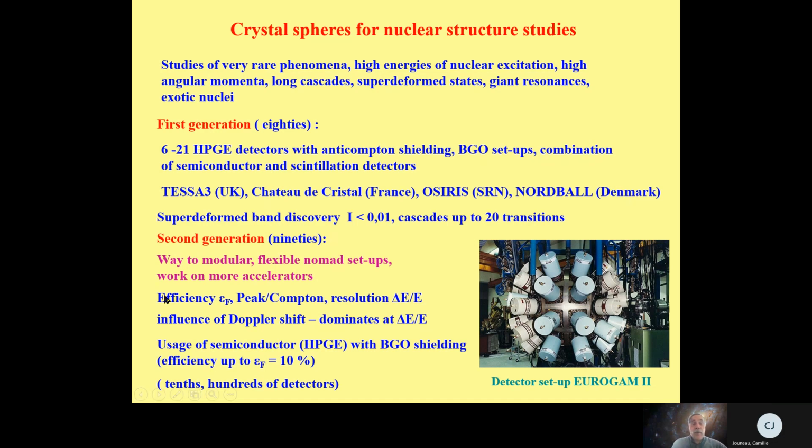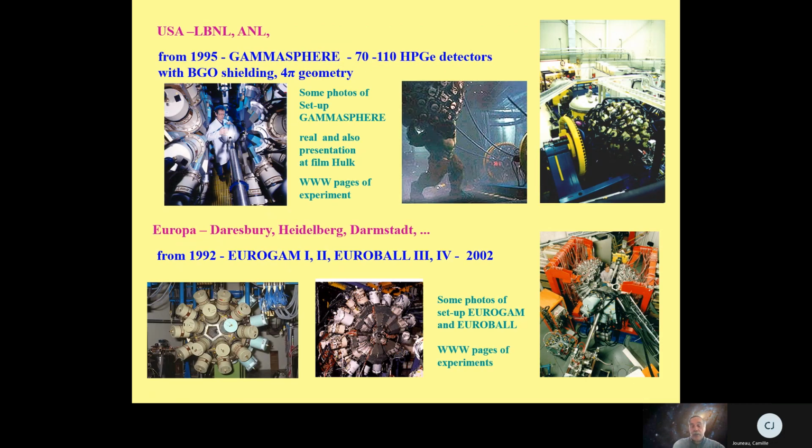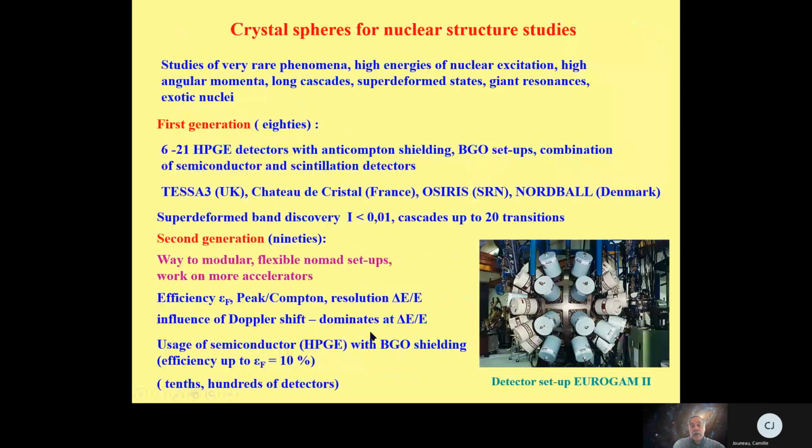What was important was the nice efficiency, the ratio between the peak and Compton background, given by the anti-Compton shielding and suppression. Nice resolution was also important, and it was necessary to analyze the Doppler shift.